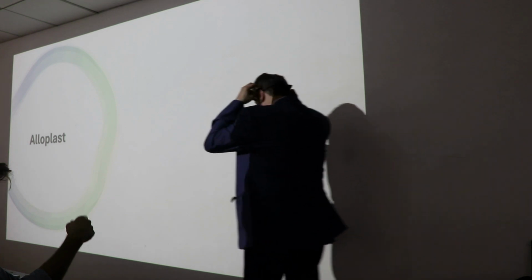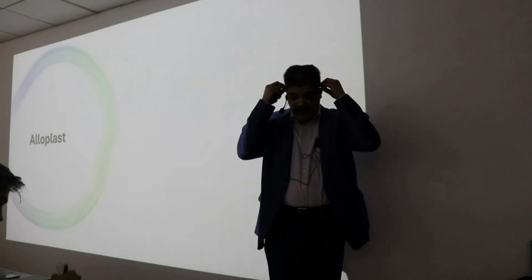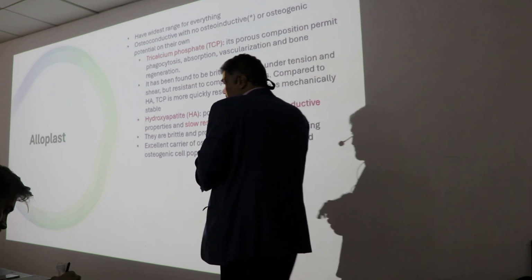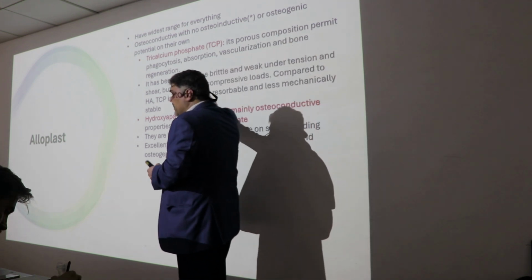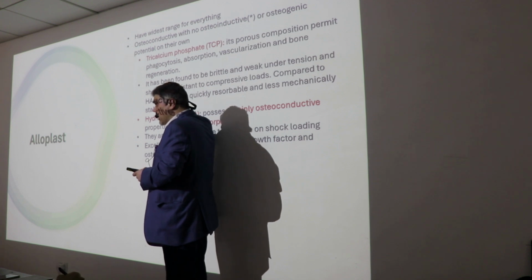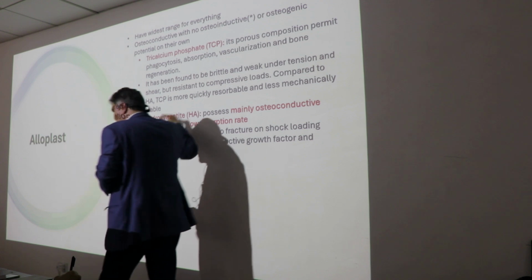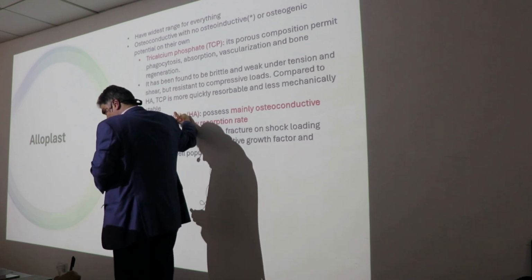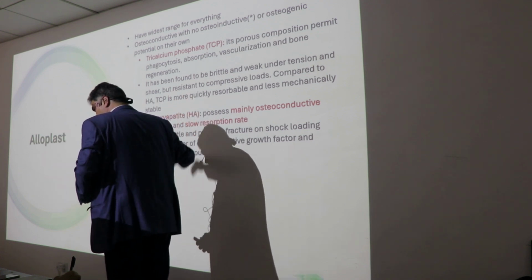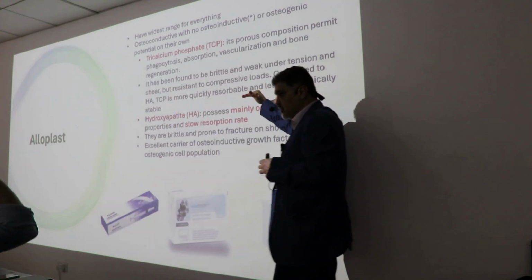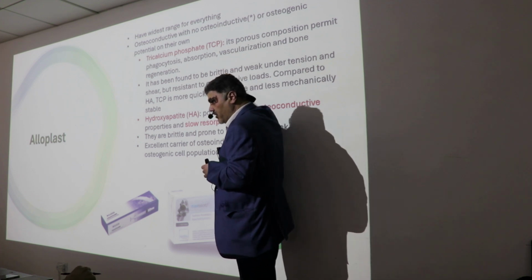The fourth type of bone graft is the alloplast. For the alloplast, I'm going to discuss only tricalcium phosphate and hydroxyapatite. Dr. Reem, why do I discuss only this type in alloplast? Because in the market, what you are going to find is a combination, either one of them or two of them.